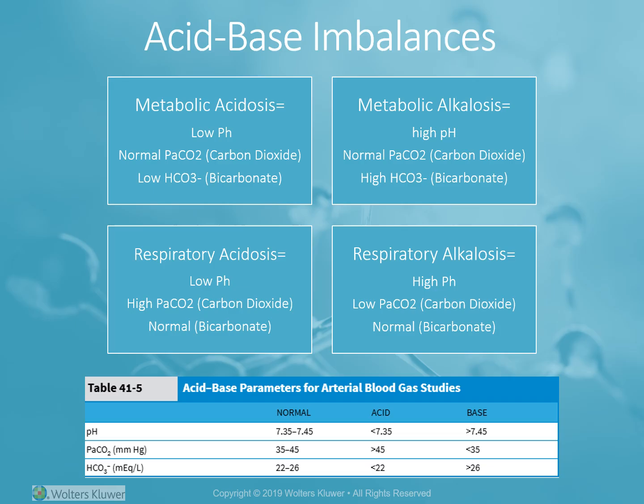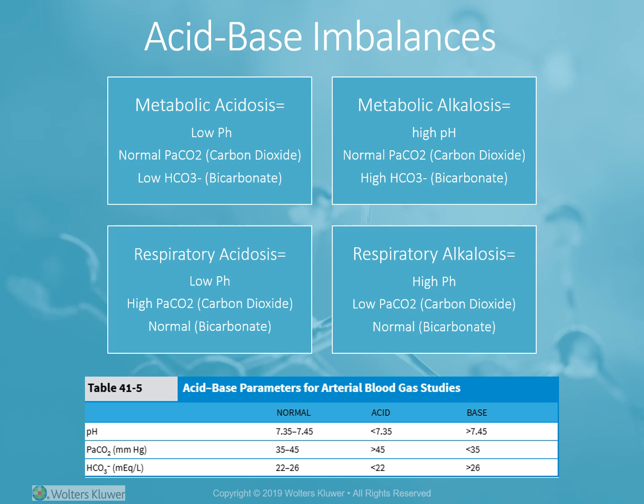The body is going to compensate by increasing the respiratory rate and depth to exhale more CO2, which leads to retaining more of the bicarbonate and excreting hydrogen ions in the kidneys. Metabolic acidosis is low pH, normal CO2, and low bicarbonate.